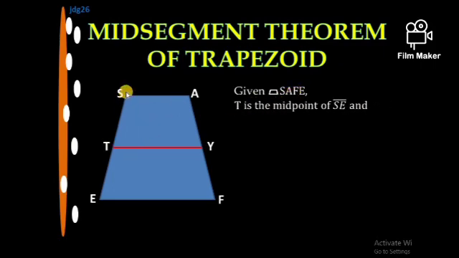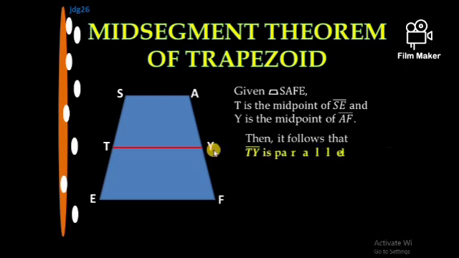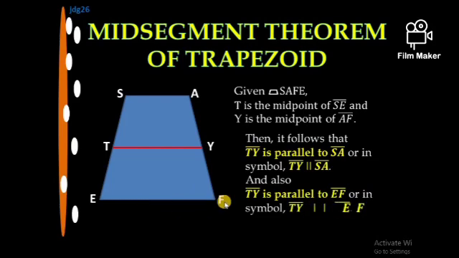T is the midpoint of segment SE, and Y is the midpoint of segment AF. And it follows that segment TY, or the midsegment, is parallel to segment SA, which is the first base, and also parallel to the other base, which is segment EF.